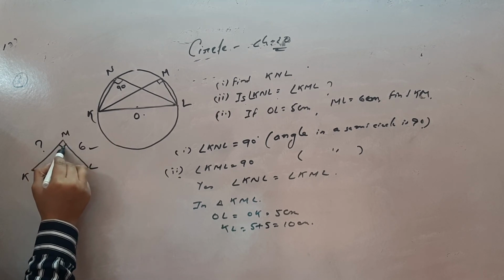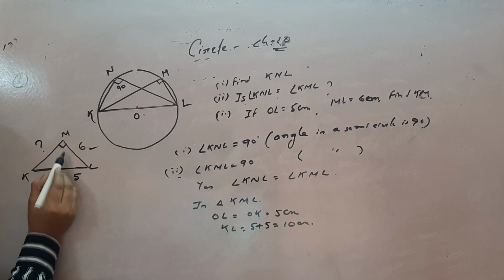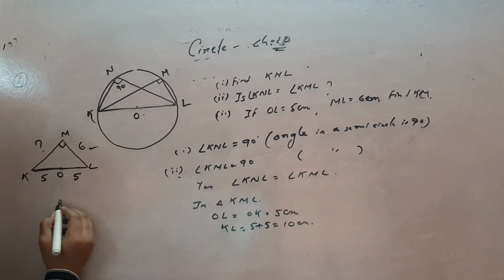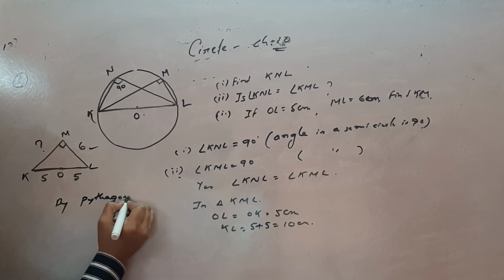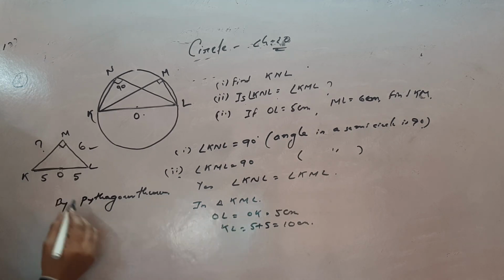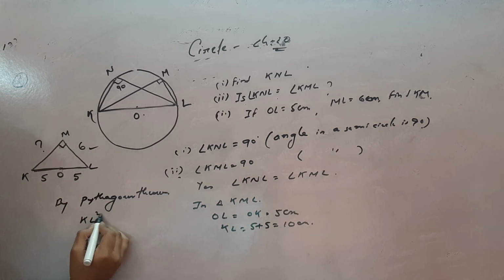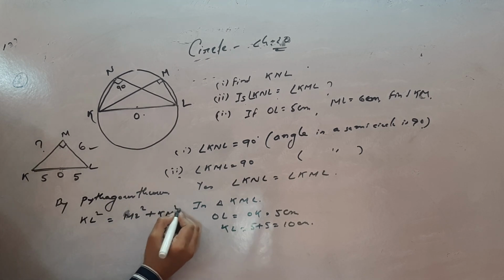We know that angle M is 90 as the angle in a semicircle. So this is our hypotenuse. By Pythagoras theorem, KL square, because this is the hypotenuse, equals ML square plus KM square, where anyone can be considered as height or base.